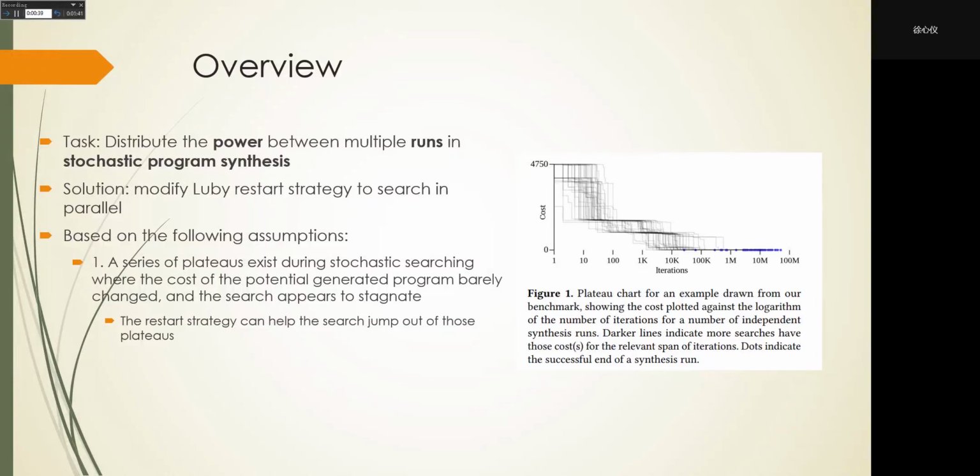In a plateau, it seems the algorithm tries different kinds of moves and tries to fill in different kinds of arguments, but it fails to reach a better result. It seems it is just stuck there.